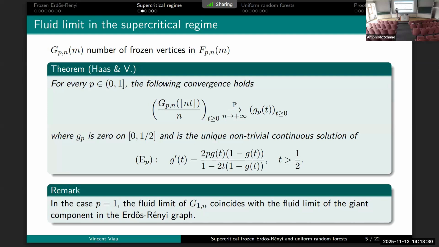So this is the same thing as in the classical Erdős-Rényi case, and then it verifies some differential equation, which is a bit obscure for now, but I will try to explain why these differential equations appear in the limit. And just to mention, here we restrict ourselves to the case where p is positive. We forget for now the case p is 0, and we will only talk about the case where p is positive.